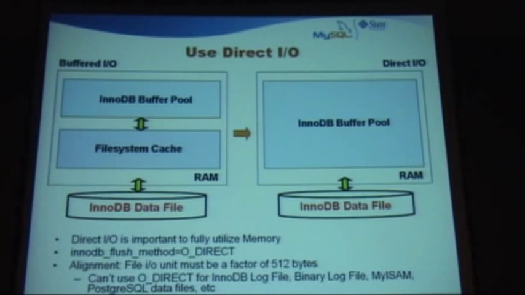In InnoDB, by setting innodb_flush_method to O_DIRECT, direct I/O can be used. But not all files can use direct I/O. To use direct I/O, file I/O unit must be a multiple of 512 bytes. So we can't use O_DIRECT for InnoDB log files, the MySQL binary log file, or Postgres data files. These files are not aligned, so we cannot use direct I/O for these files.